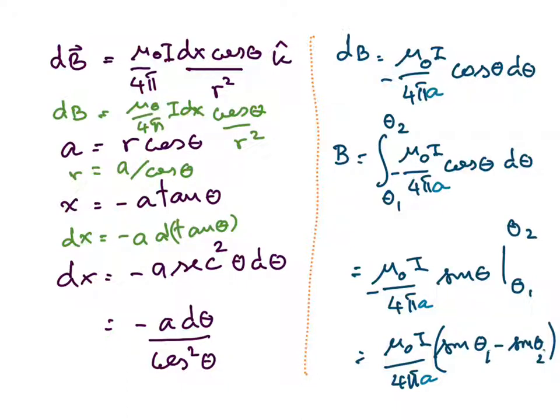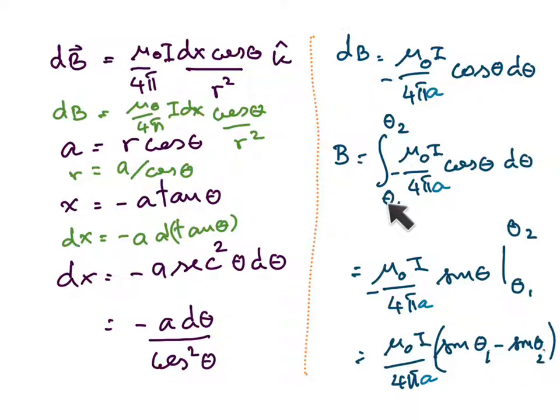Now, we have the formula to calculate the magnetic field. Again, since mu 0, I, 4 pi and a are constants, we can take all the constants out of the integration and do the integration of cos theta d theta, and the integration of cos theta d theta is sin theta, because the differentiation of sin theta is cos theta.